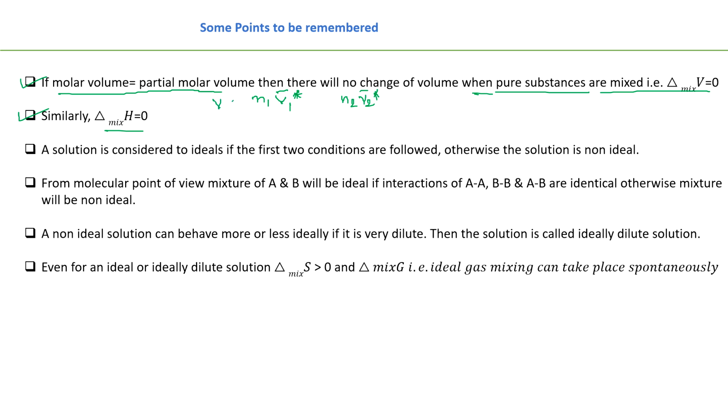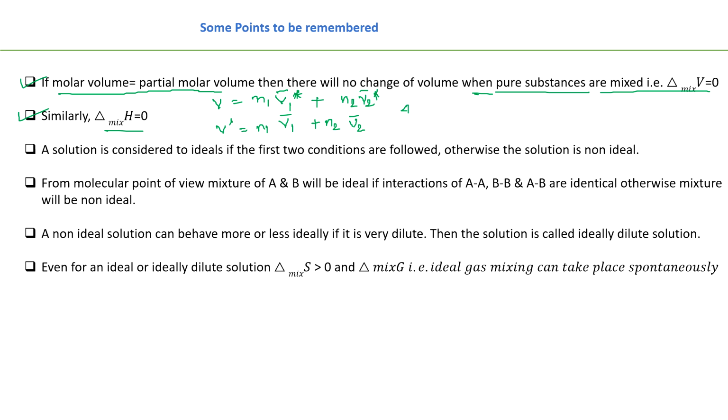So before mixing, total volume will be the sum of these two. Now after mixing, the volume becomes N1 V1 bar, N2 V2 bar. So V total is defined as N1 V1 bar plus N2 V2 bar.